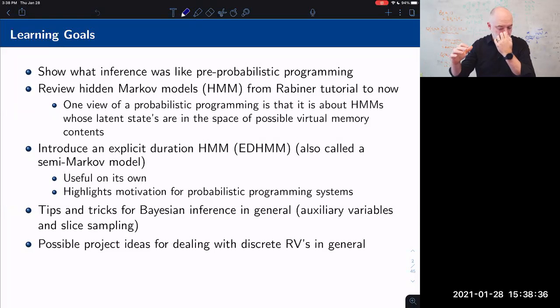So you can think about a probabilistic program with sample statements as just being an HMM, but a little bit crazy because the latent state in the HMM is the entire virtual memory state of the process.